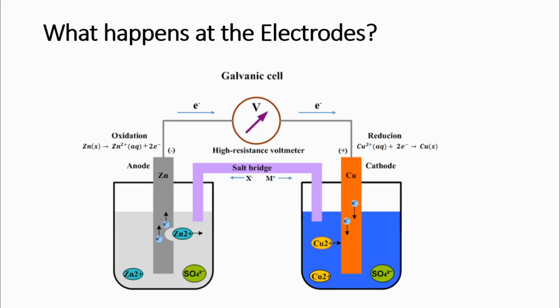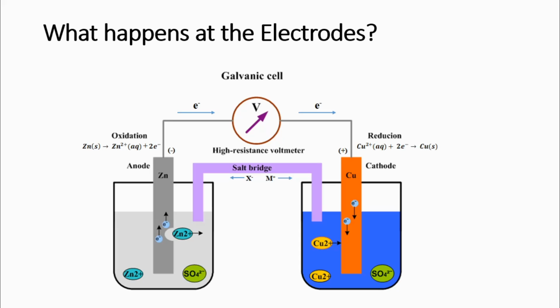And so what you find is that the chloride ions, which would be the negative ions in the salt, will migrate towards the anodic solution to neutralize the buildup of positive charge, whereas the potassium ions, if we're dealing with potassium chloride, would migrate towards the cathodic solution to neutralize the buildup of negative charge, thereby allowing a charge balance in the two half cells.